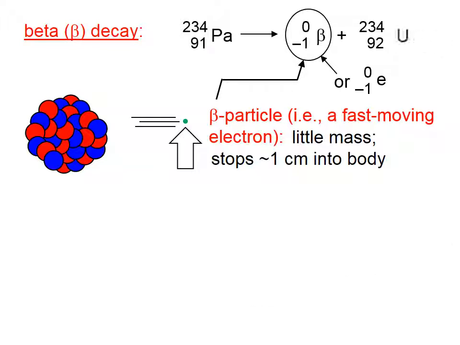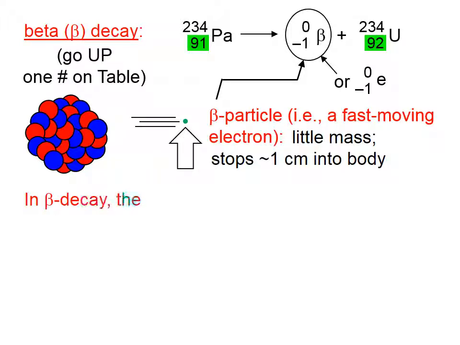So be very careful with that. That is the element uranium. So anytime you undergo beta decay, you go up 1 number on the table. You can see that we started at protactinium, which is element number 91, and we ended up at one element higher, uranium. Alpha decay, you go down 2 numbers. Beta decay, you go up 1.